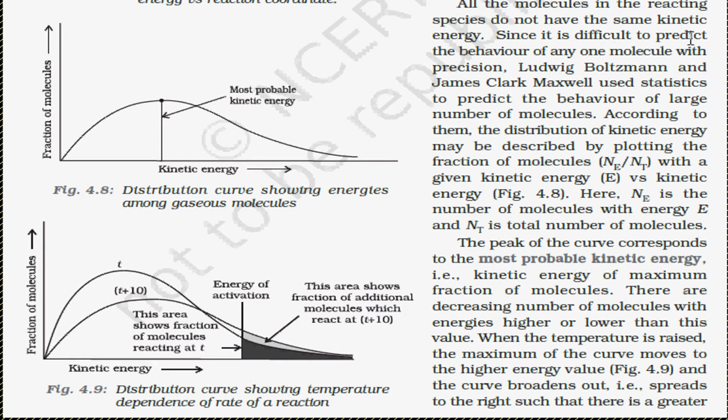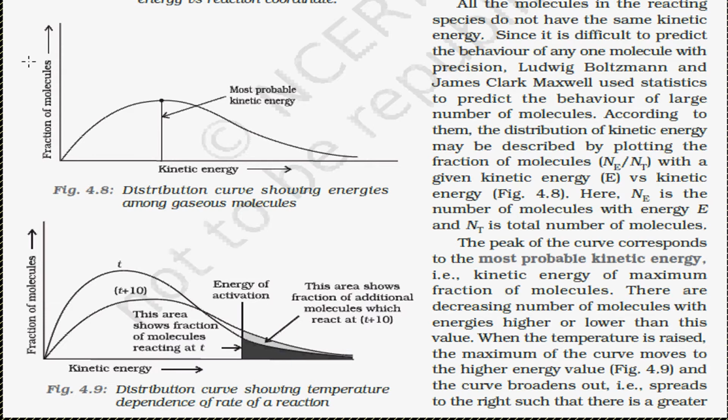Since it is difficult to predict the behavior of any one molecule with precision, Boltzmann and Maxwell used statistics to predict the behavior of a large number of molecules. According to them, the distribution of kinetic energy may be described by plotting the fraction of molecules with a given kinetic energy versus kinetic energy.